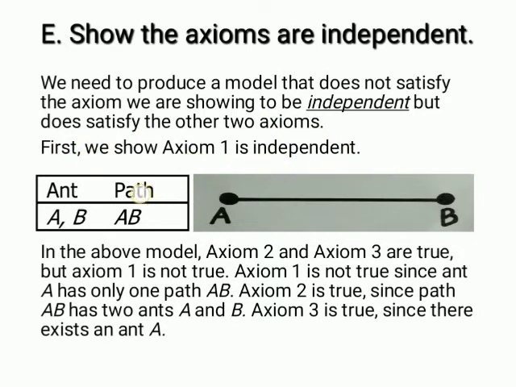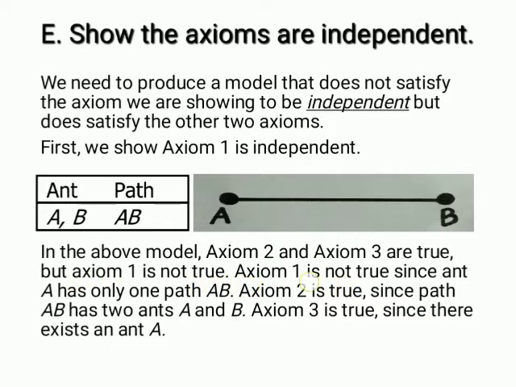So, ano nga ba yung model na i-create natin para hindi masatisfy yung axiom 1 para maging independent siya? So, ito yon. Ito yung model natin na create natin. So, in the above model, axiom 2 and axiom 3 are true, but axiom 1 is not true.